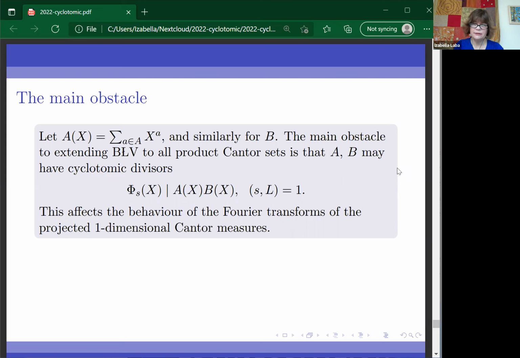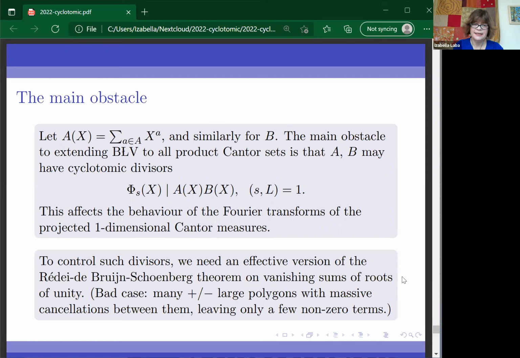And it turns out that what we need to be able to control that sort of thing is an effective version of that theorem I mentioned earlier about vanishing sums of roots of unity.